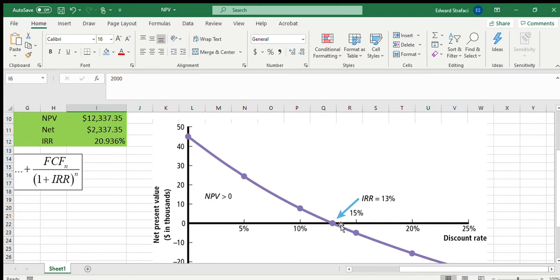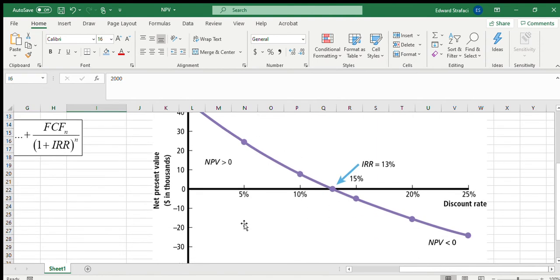So with 13%, we have no return, and effectively that tells us that 13% is our internal rate of return. Obviously, with lower rates, we're going to have much higher net present values, and we're going to be profitable. At higher discount rates, we're going to be losing money. But right when we hit that x-axis where we are set to zero, that's how we mathematically find the internal rate of return.